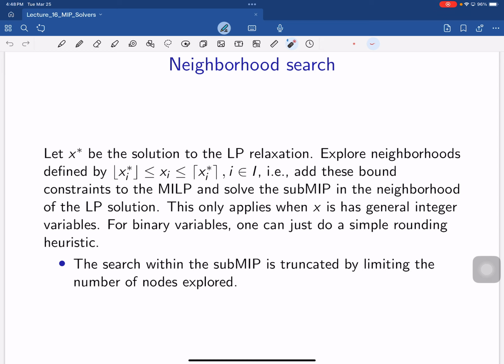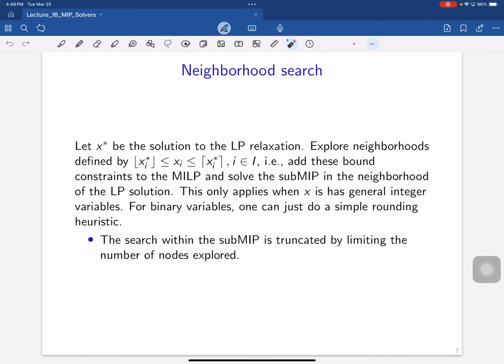In this case, you will need to solve a so-called sub-MIP, because you just add some additional bound constraints to the original problem and solve a MIP where the feasible region is much smaller. If you have a general integer variable, let's say from 1 to 10, and the LP relaxation is 4.5, then you constrain this integer variable to be between 4 and 5 and solve another integer program. This should be very intuitive for you.